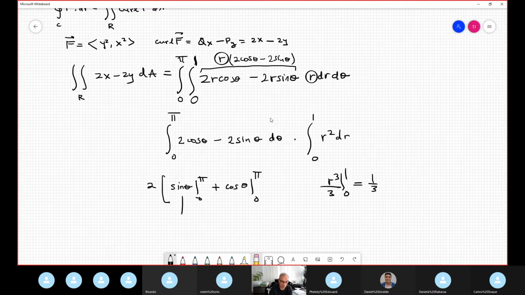That part is 0, it's obvious, because sine pi is 0 and sine 0 is 0. But that part no, because cosine pi is -1 and cosine 0 is +1. Let me write in detail. It's cosine pi minus cosine 0.